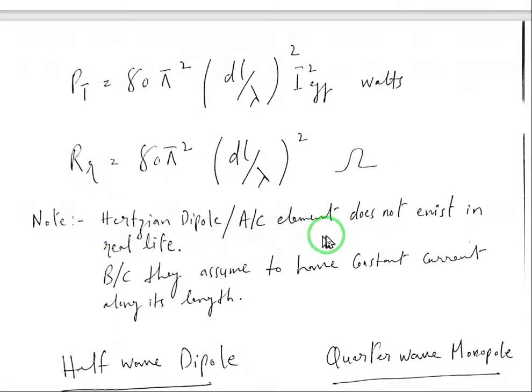Note that Hertzian dipole alternate current element does not exist in real life, as I have told you that these are the reference or ideal antennas because they assume to have constant current, which is not possible practically. That's why we told you before that they are the ideal antennas.